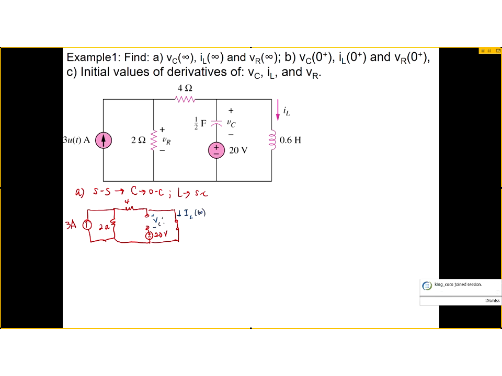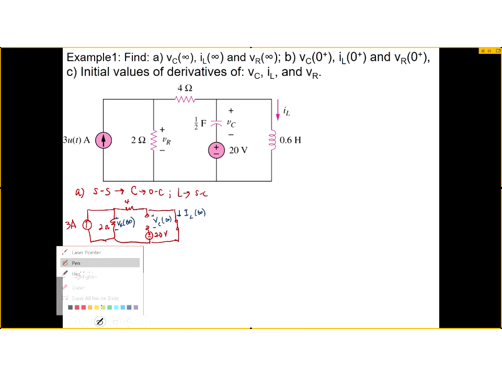And what's the other one we're looking for? The voltage across the 2 ohm resistor at infinity. And as I promised, this should not be too bad, because after I do that, it becomes like a chapter 2 or 3 problem. You can use whatever method you want. But it's easy to see, what is the value of I_L infinity, or what's the value of V sub C? Which one do you want to work on first?